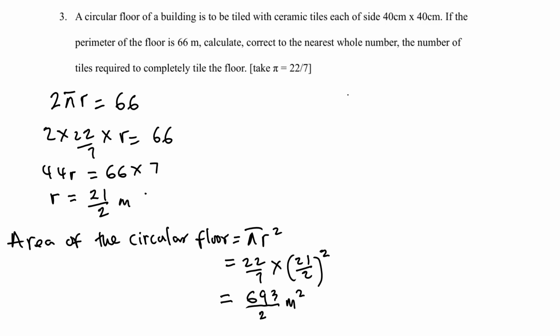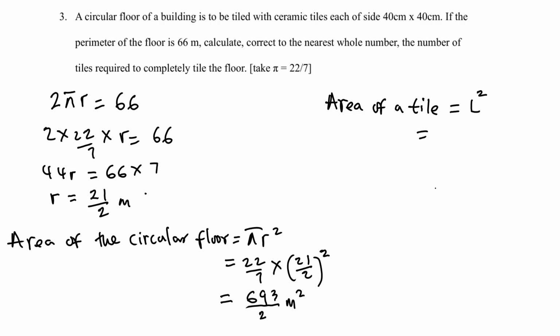Then we can also find the area of a tile. From the question, we can see that there are ceramic tiles, each of side 40 centimeters, which means it is a square. So the area of a square is L square.